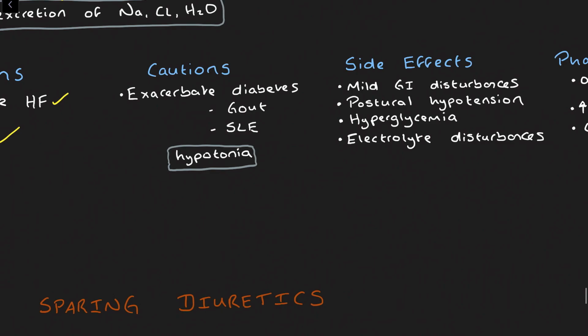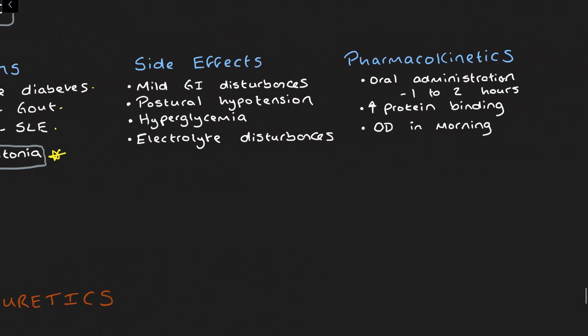Some of the cautions include the exacerbation of diabetes, gout, and systemic lupus erythematosus due to the interference of the hypertonic urine. Some of the side effects include mild gastrointestinal disturbances, postural hypotension, and hyperglycemia. Indapamide is best for diabetic patients as it causes less metabolic disturbances, and it can cause electrolyte disturbances as well.